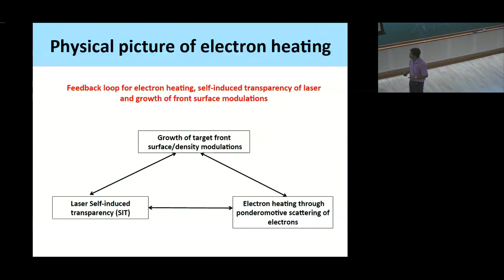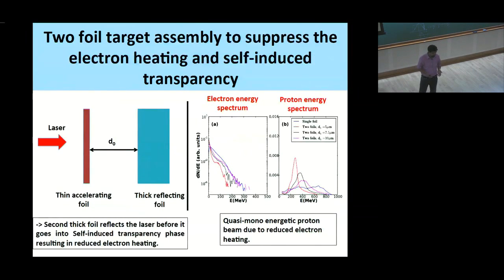So the next question is, is there any way to play around with this self-induced transparency, because that's what is leading to this heating and the spread in the ions. One possibility that we looked into is, while the target is accelerated, you reach a certain stage where you get into this self-induced transparency phase.